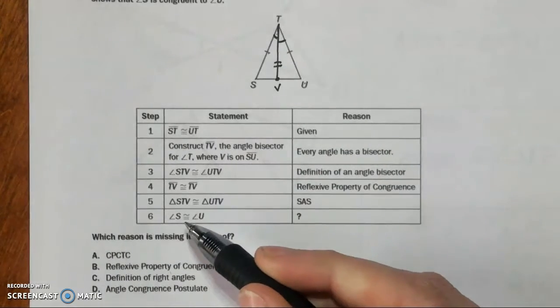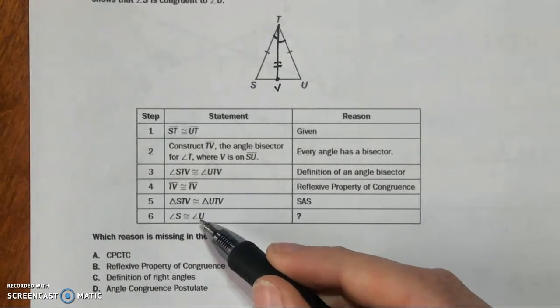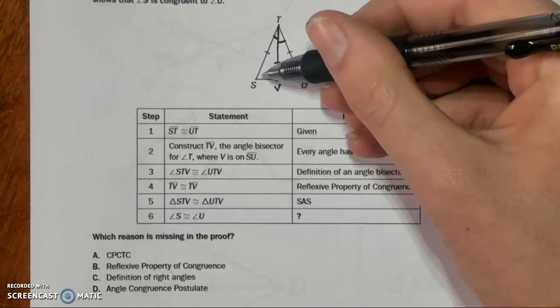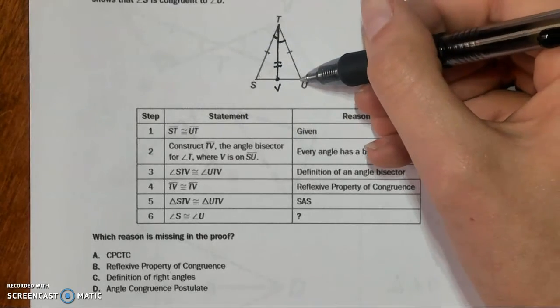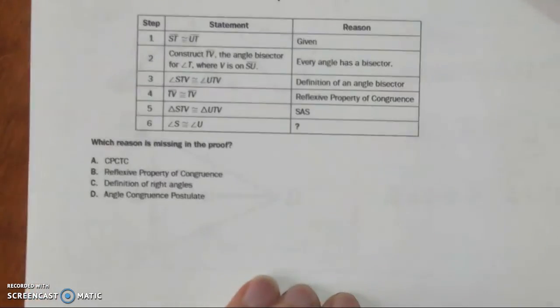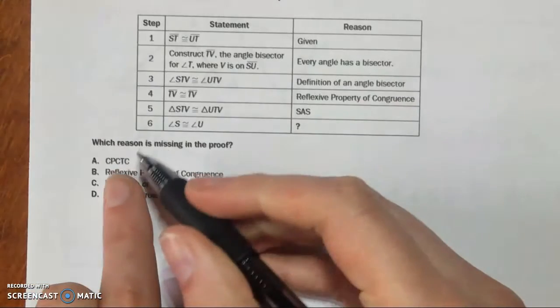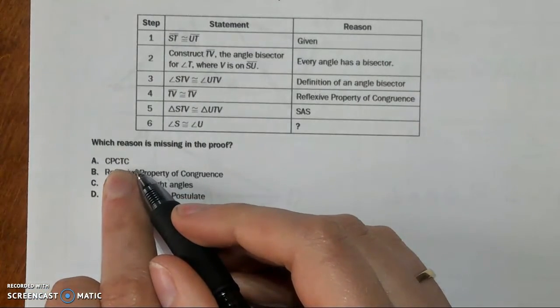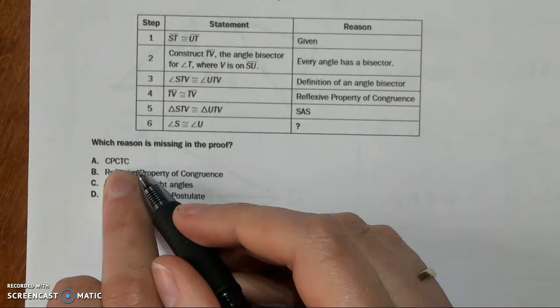But we want to get to that angle S is congruent to angle U. Well, how would we know that? How would we know that angle S is congruent to angle U? Let's look at our options. We have CPCTC. That means congruent parts of congruent triangles are congruent.